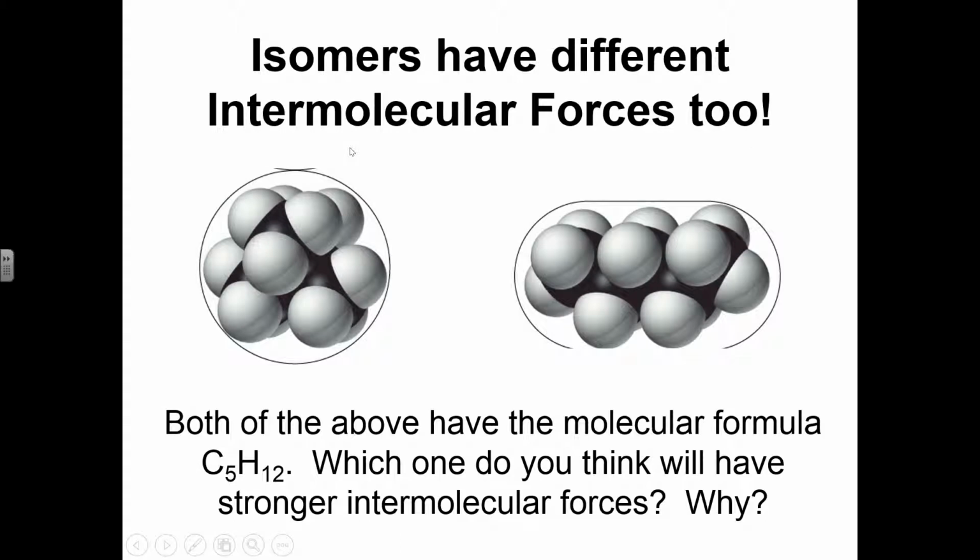Isomers can have different intermolecular forces too. Check this out. The picture on the left is C5H12, where you've got a carbon in the middle. There's a carbon going up, to the left, to the right, and straight down. The molecule to the right is a 5-carbon chain where all the carbons are in a row. So if you put 2 of this one together on the left, you can imagine they wouldn't have a whole lot of surface area with each other because it's very spherical, versus a long chain and another long chain.